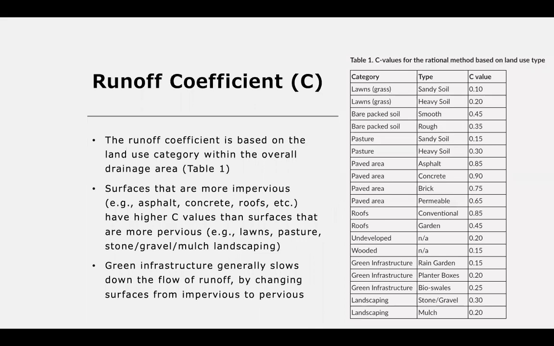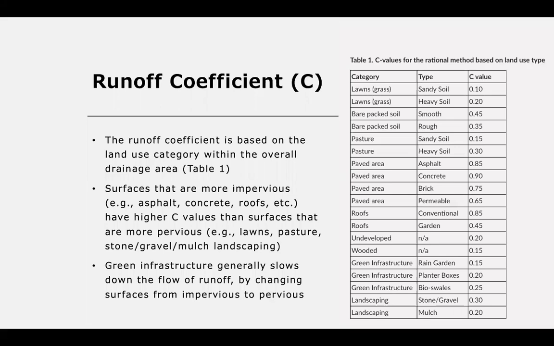Start with the runoff coefficient. The coefficient is based on the land use category within the overall drainage area, as shown in Table 1. For example, if we have a grassy lawn with sandy soil, that would equate to a C value of 0.10. If we have something less pervious, like a conventional roof or paved asphalt, those have higher C values of 0.85.